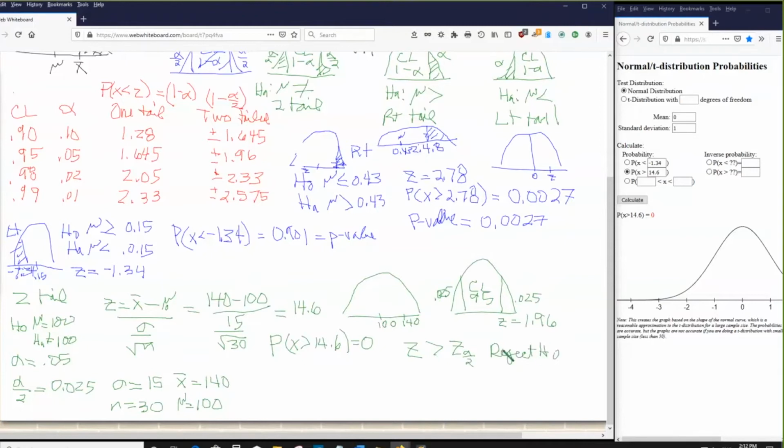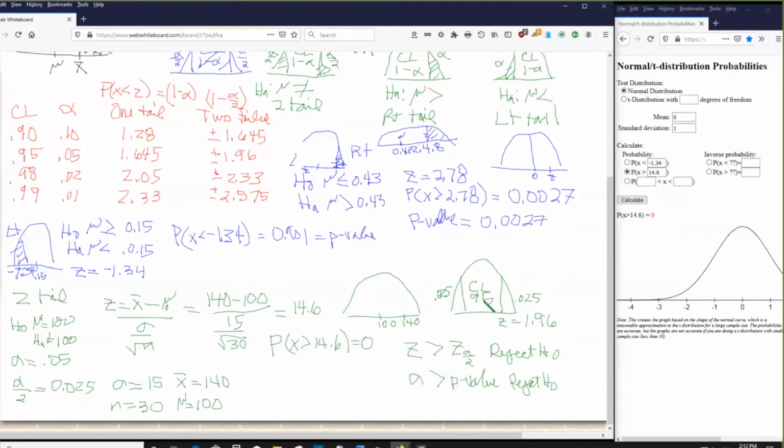We also have, if alpha is greater than our p-value, we're also going to reject the null hypothesis.